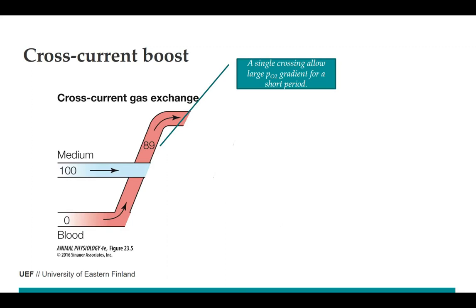Okay, but we still have one more: the cross-current boost. If you cross the blood vessel with a medium that is going in one direction, there's a large gradient of partial pressure of oxygen, but only for a short period.